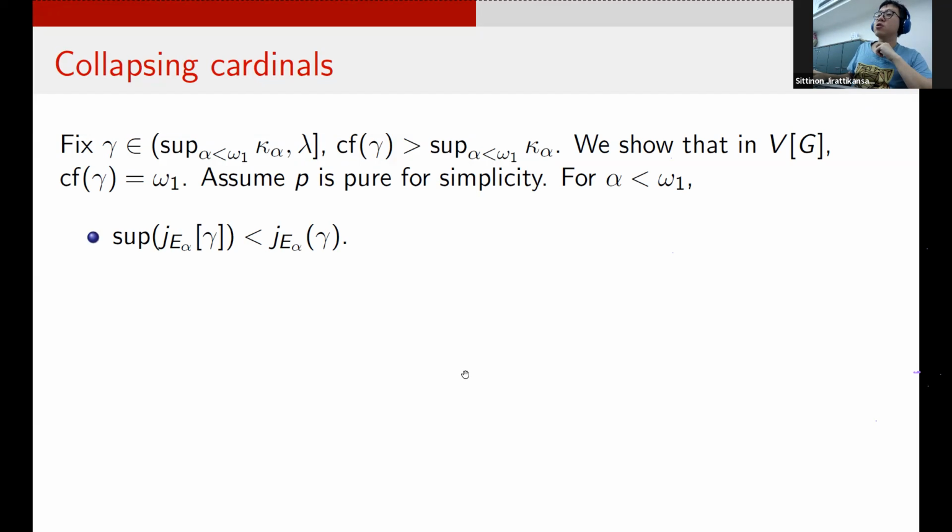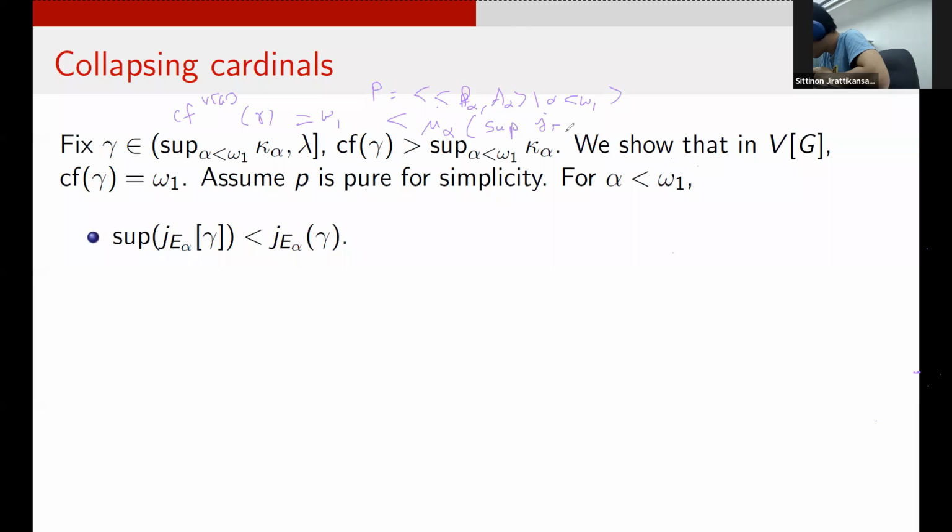The candidate for making sure that the cofinality of gamma in V^P is going to be omega 1 is, remember that if P is pure, each condition will be something like F alpha, A alpha, alpha less than omega 1. And the usual candidate is going to be mu alpha computed at the j_E alpha pointwise image.